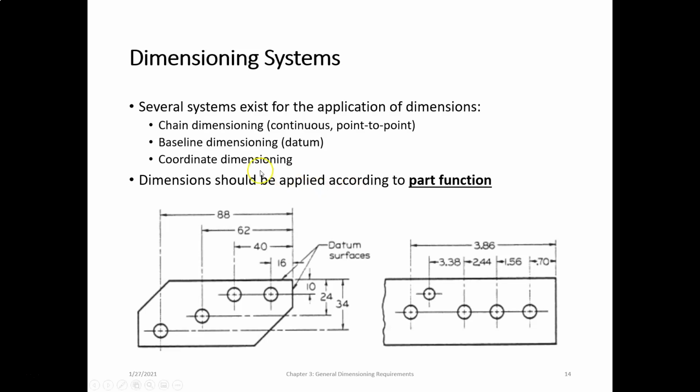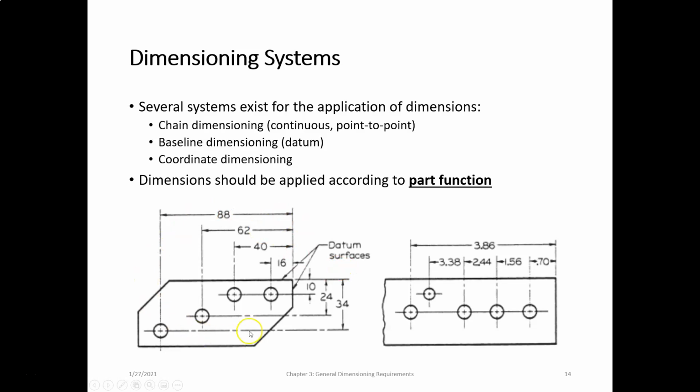Okay, we're not really going to talk about the coordinate dimensioning system. That's most commonly seen in CNC applications or machining applications. But we will look at chain and baseline dimensioning. Basically, which system you use should be based on the part function. All right, dimensions should be applied according to part function.